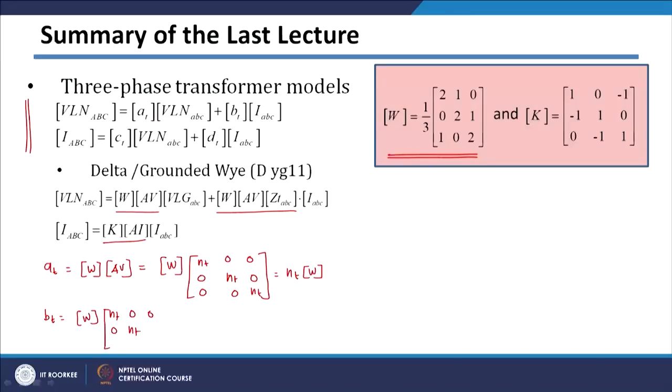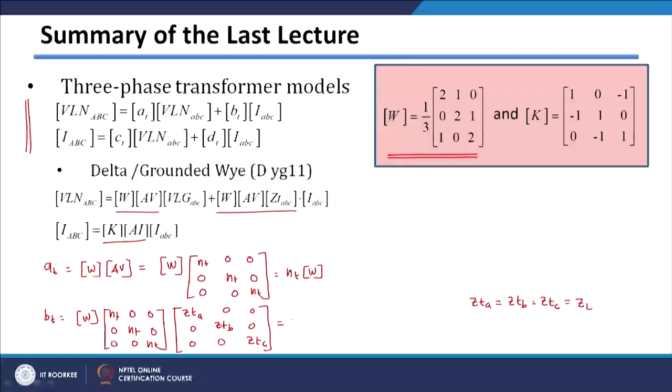diagonal entries NT with off-diagonal 0 entries, and your leakage impedance matrix is ZTA, ZTB and ZTC on the diagonal entries with off-diagonal entries 0. In this case also, if ZTA equals ZTB equals ZTC, we can take this ZT common out.